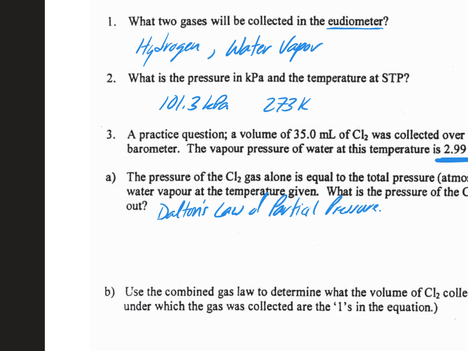All that it says is that if you have more than one gas in a container, all of those gases combined are contributing to the total pressure. So in other words, the pressure total equals the pressure, let's say, of gas 1 plus the pressure of gas 2 plus the pressure of gas 3, and so on and so on.